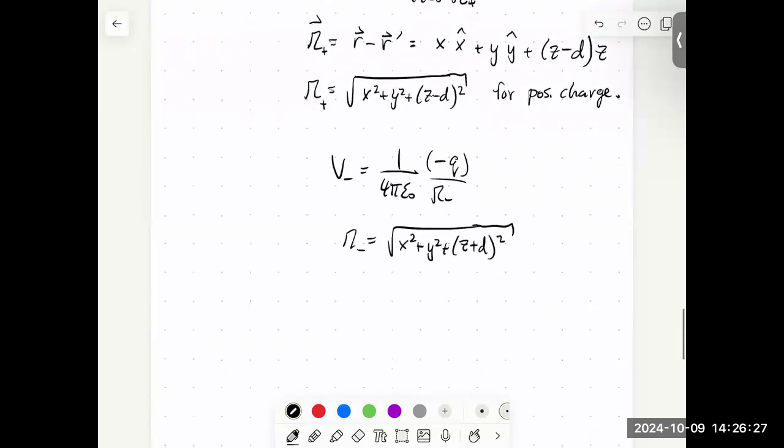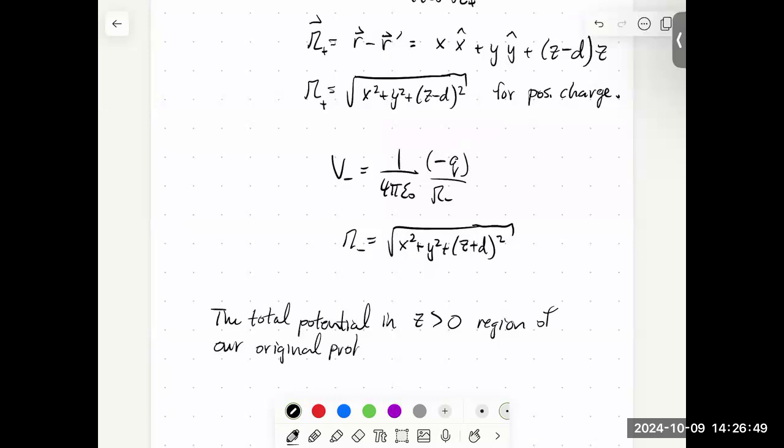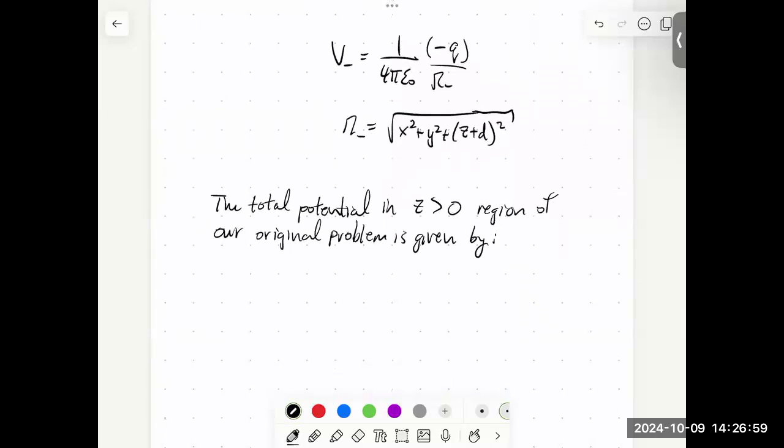Then the total potential in the z greater than 0 region of our original problem is just the superposition of the potentials due to the two point charges, the negative one and the positive one.